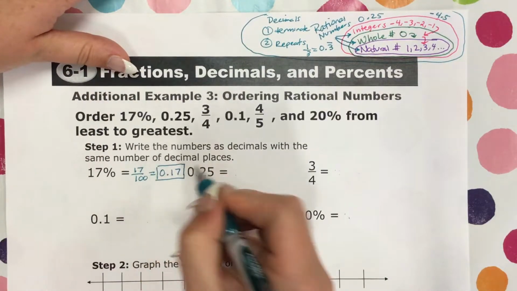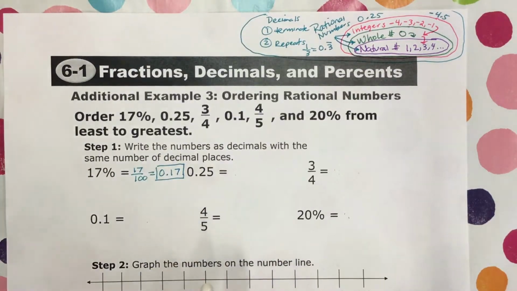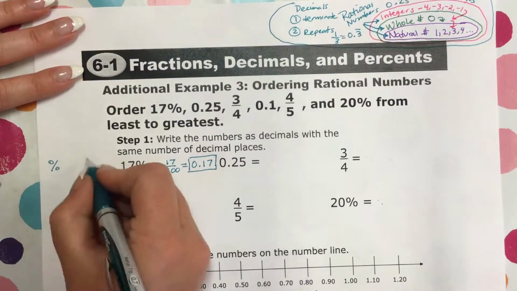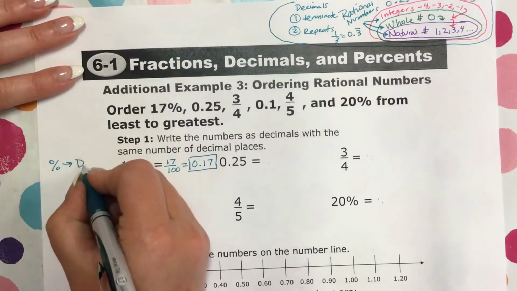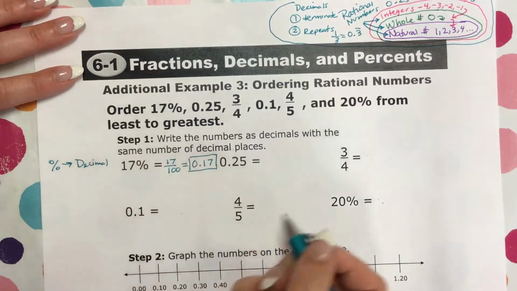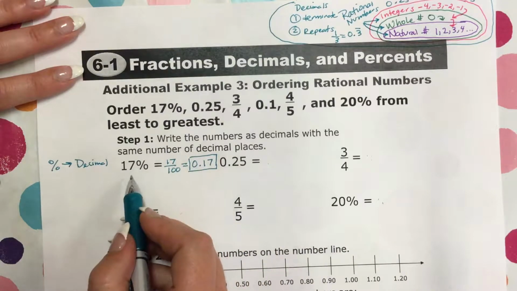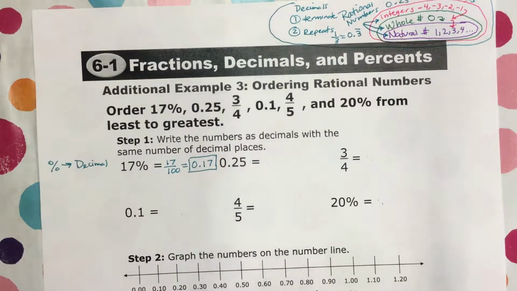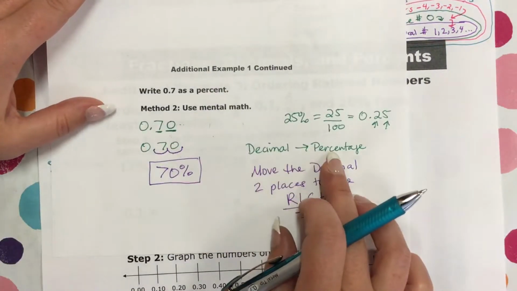Now, another way I do this is when I'm converting a percentage to a decimal, I do the opposite. So back here on example 1, we're converting a decimal to a percentage, right?